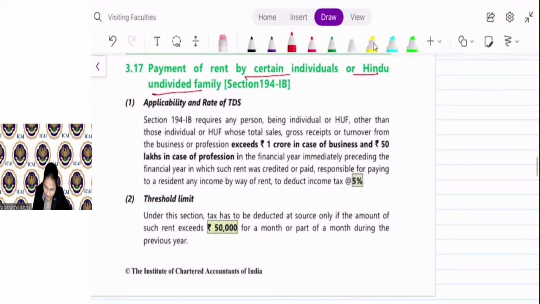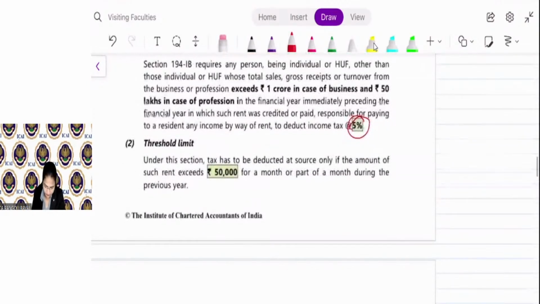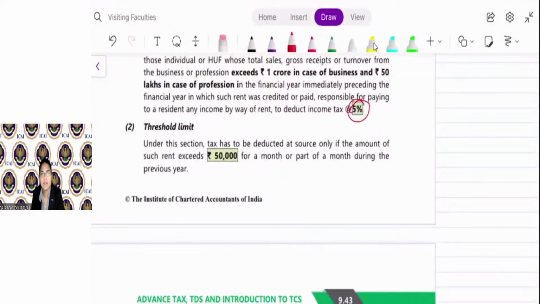Here the rate of TDS is 5%. The TDS is required to be deducted at the rate of 5%. The threshold limit is 50,000. If the rent amount is more than 50,000 for a month, not for the year. Here you have to check the rent amount for a month.